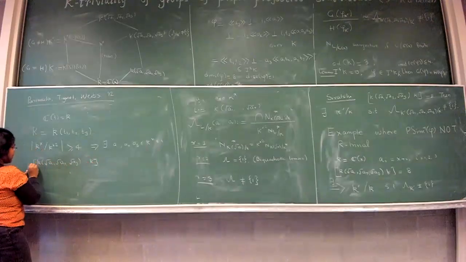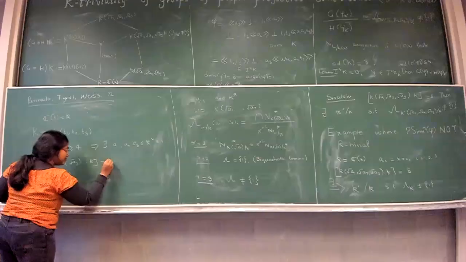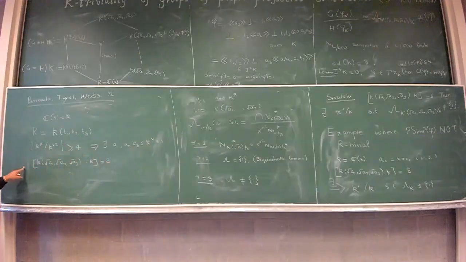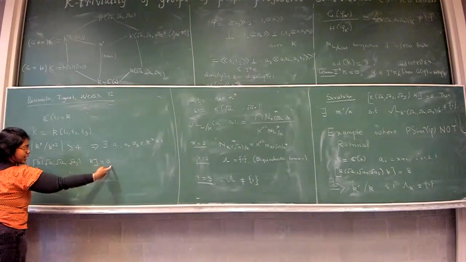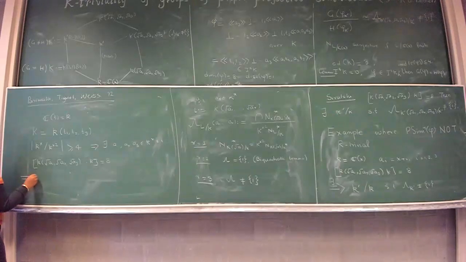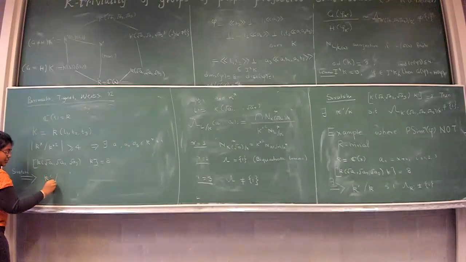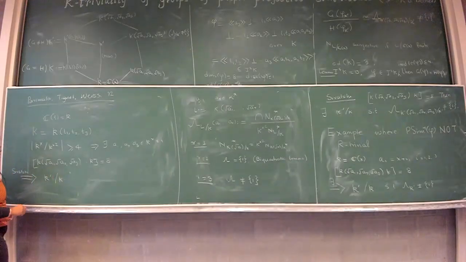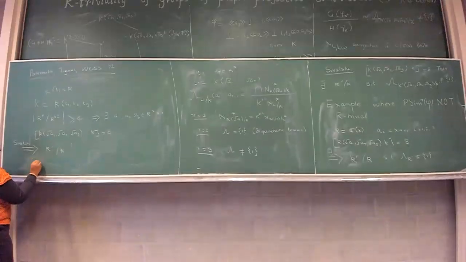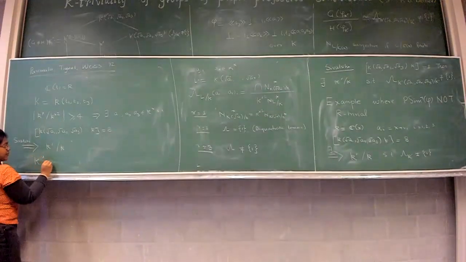So we can have an 8-dimensional extension. Now we just need this one because Sivasky's result only wants some triquadratic extension. So again by Sivasky we will have another k dash over k, and we are constructing another.